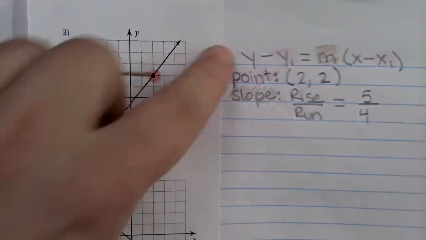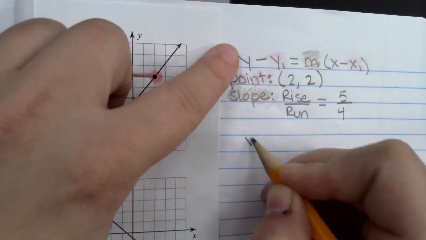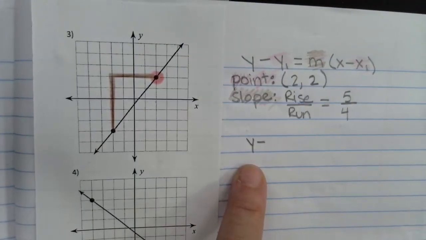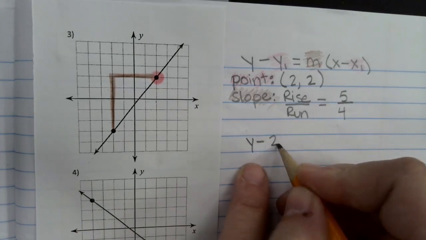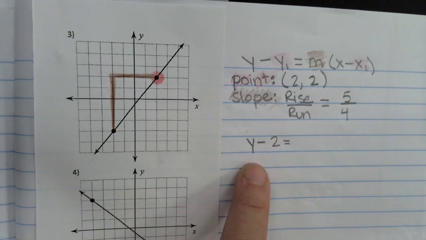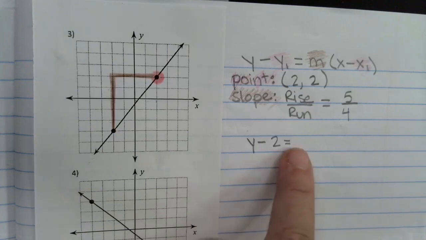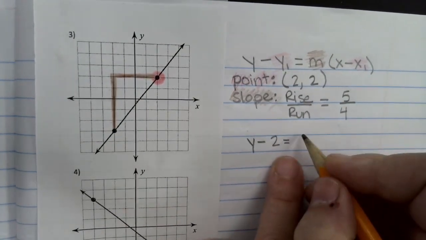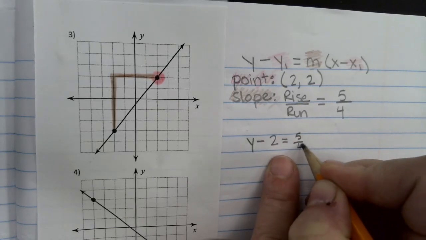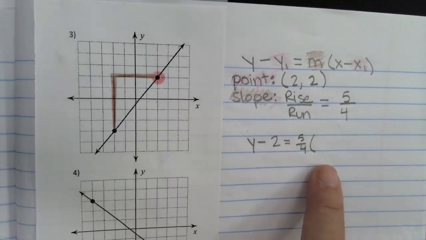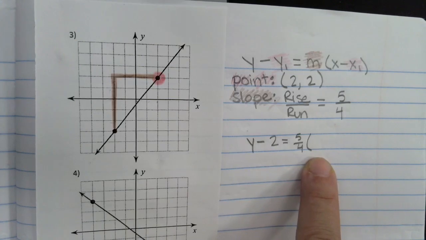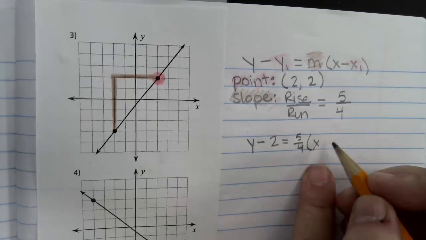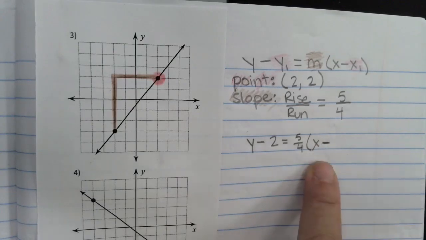So I have y minus, what's the y from my ordered pair? Then what is the slope? 4 equals, we found our slope, our rise and run, remember? What's my m, what's my slope? 5 over 4 times x, and then we fill in the second blank, minus 2.